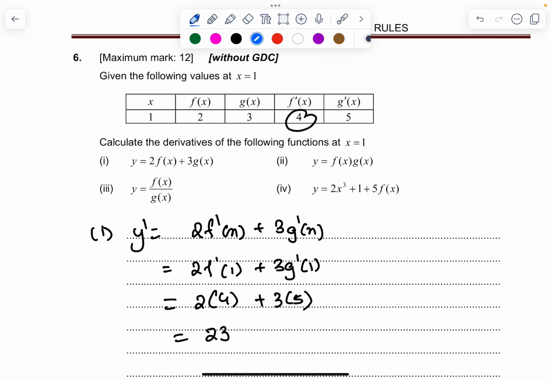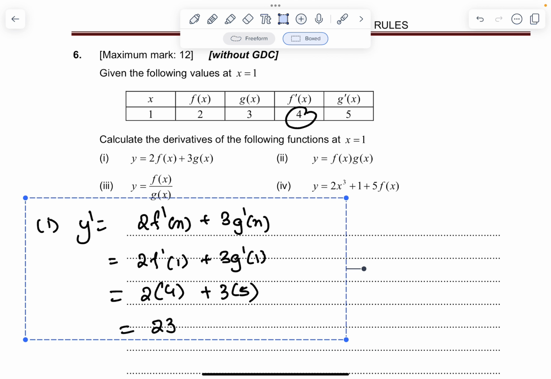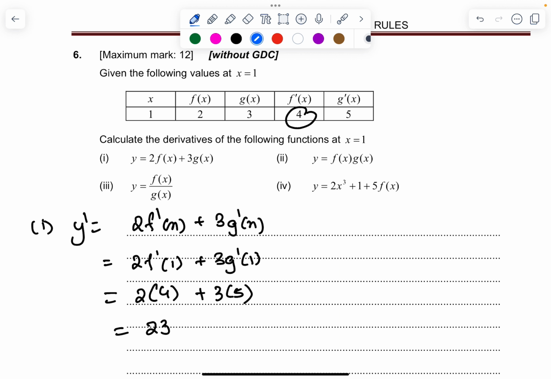Coming to part 2. Y prime equals to, keep f of x as it is, then g prime x, then plus g of x as it is, then f prime x.